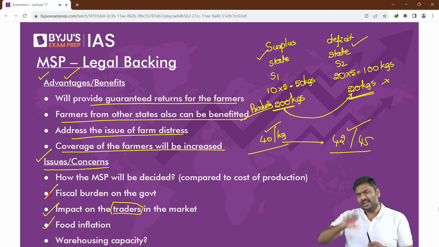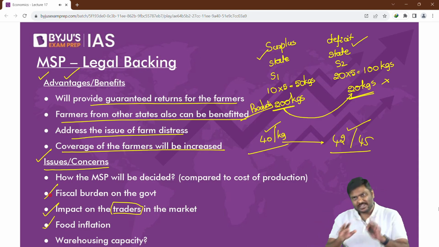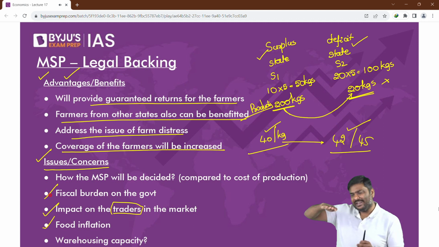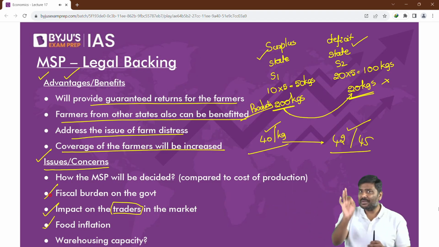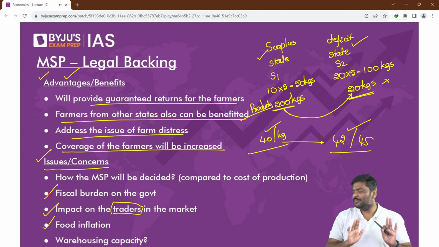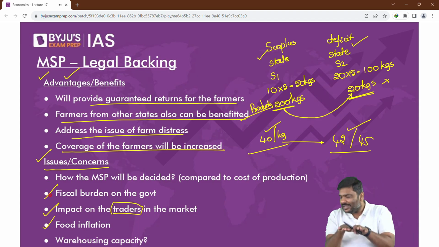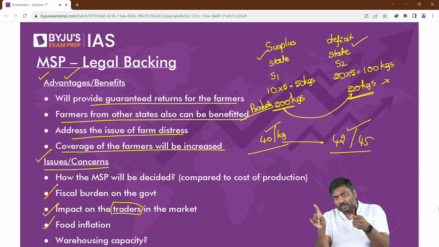In fact, please understand this. Right now itself, there is always a concern that whenever government increases MSP, it might have an impact on inflation. You can check it. RBI governor has stated this a couple of months ago.